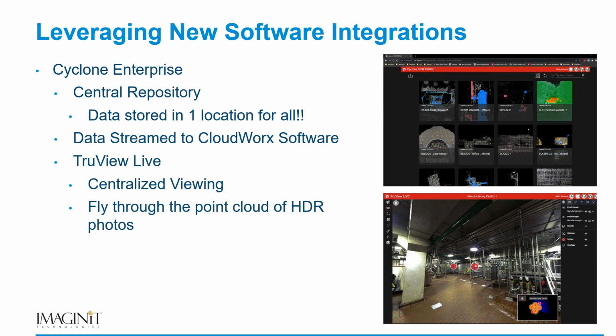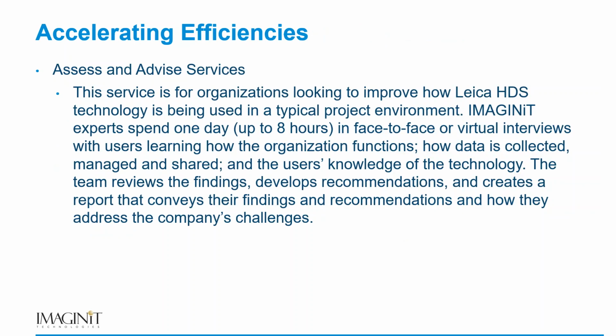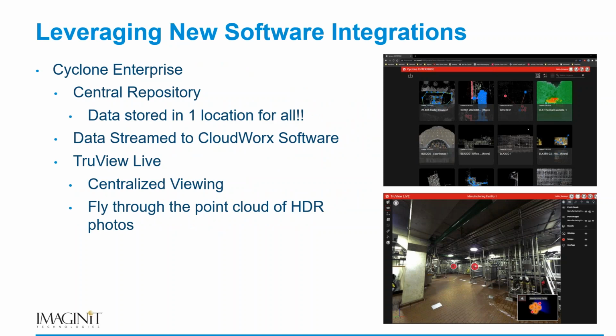All right. Moving on, after Cyclone Enterprise, I do want to put in one note that here at Imaginet, we have taken Cyclone Enterprise to the next level. We've had a lot of requests over the past couple years of, man, I really wish I could see my point cloud.